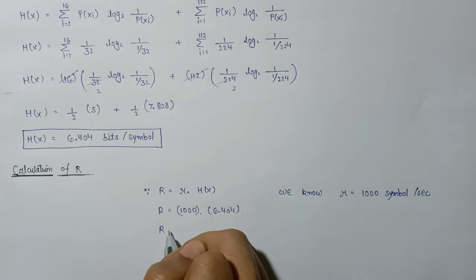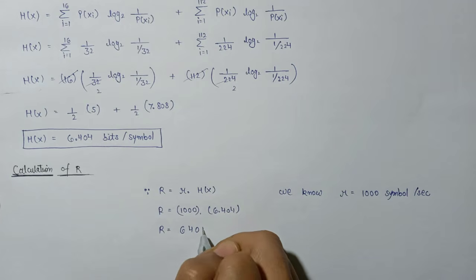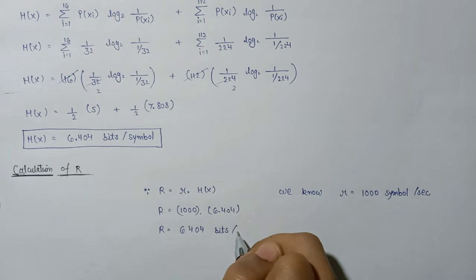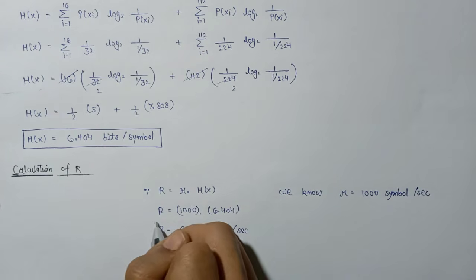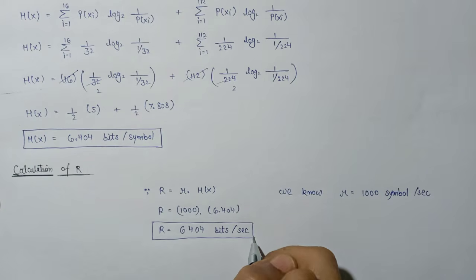So the final value of R is equal to 6404 bits per second. So this is the value of the information rate that we wanted to calculate in this question.